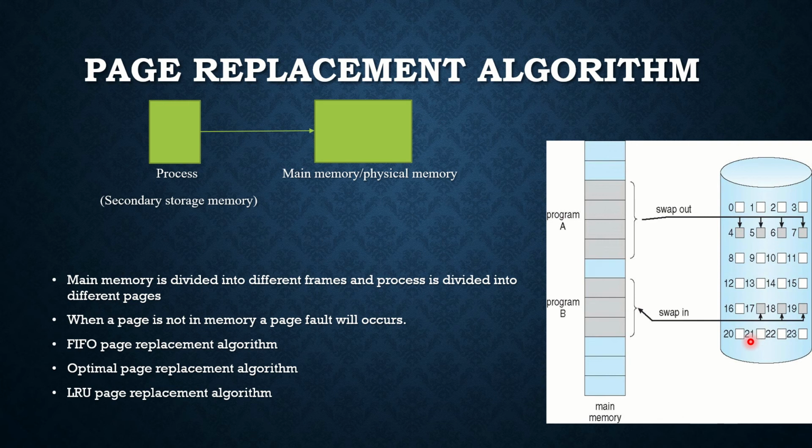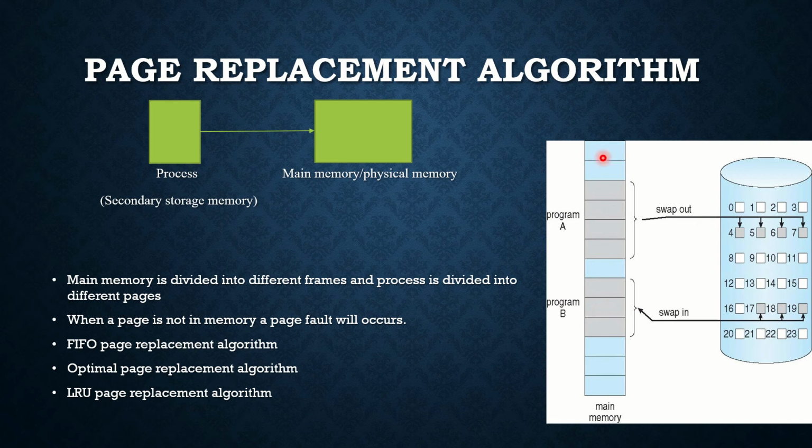from the secondary storage device to the main memory. When it is loading into the main memory, it has to find out whether any free frames are there or not. If any free frames are there, it will copy that page to those free frames. So when do you need a page replacement algorithm?